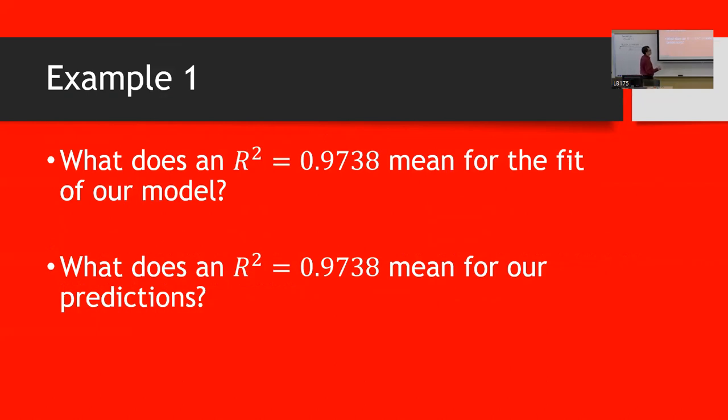Since the R squared is pretty high, 0.9738, that means it fits our model well. But also, since the R squared is pretty high, that means our predictions are probably going to be more accurate. Do you follow that? So R squared being high means the model fits the data well, but also our predictions are going to be fairly close to being accurate.